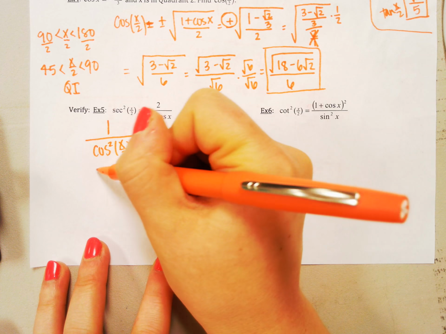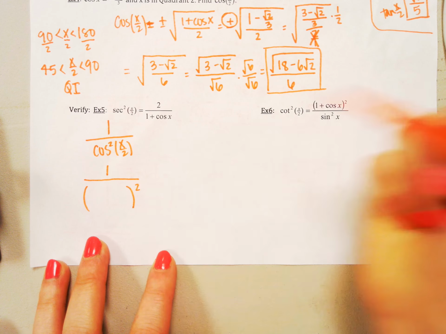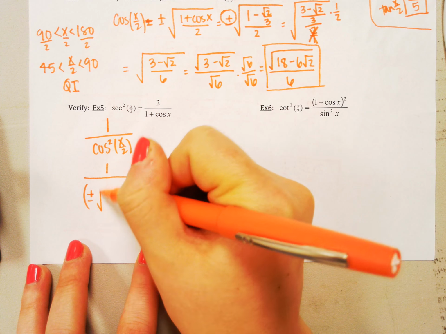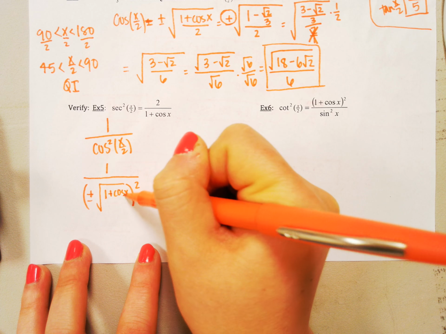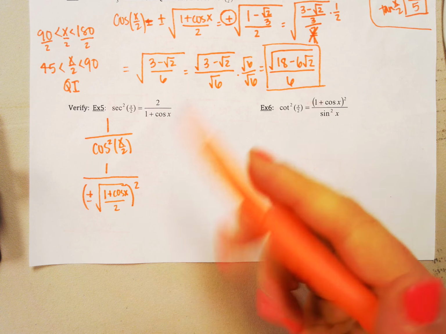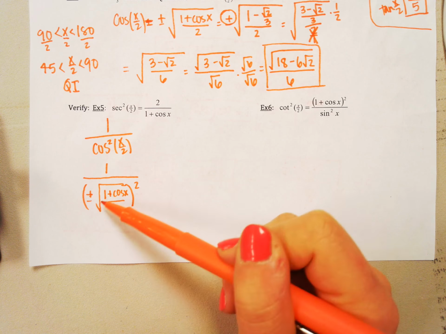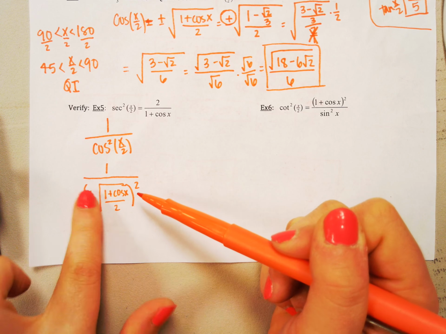And then that is, we looked at that above, this is our cosine expansion, so plus or minus the square root of 1 plus cosine x all over 2. So what happens when we take this big square root that has a plus or minus and we square it? It doesn't matter if this is positive or negative, when we square it, that'll go away, so we don't have to worry about that.